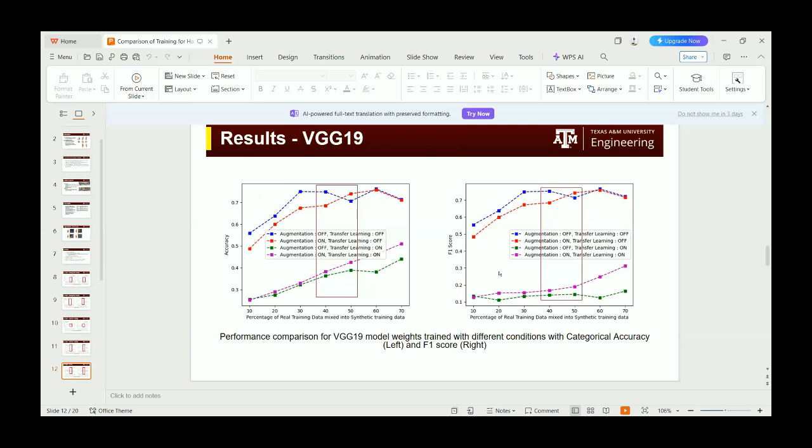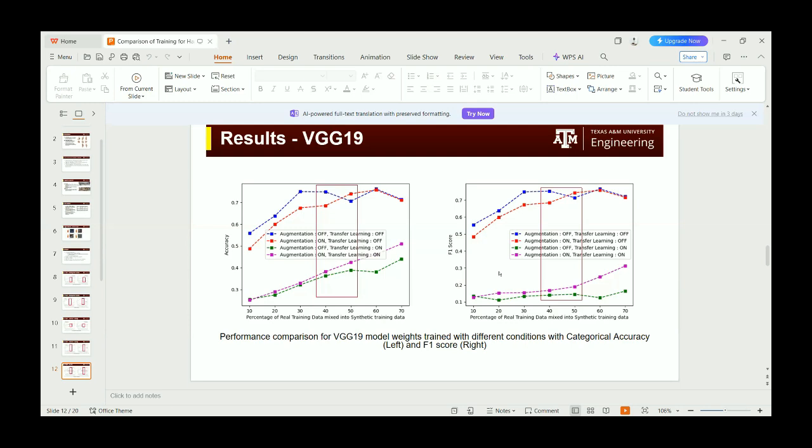Now, if we parse them for each one of these cases, and we do the comparison of all the possible permutations and combinations, right? So you have augmentation and transfer learning. Those are the two key items that we wanted to implement. So we can turn one on, the other one off, both off, both on, whatever the case might be. And again, as in the previous scenario, which we noticed for the training from real data, VGG19 is the only one that slightly misbehaves.